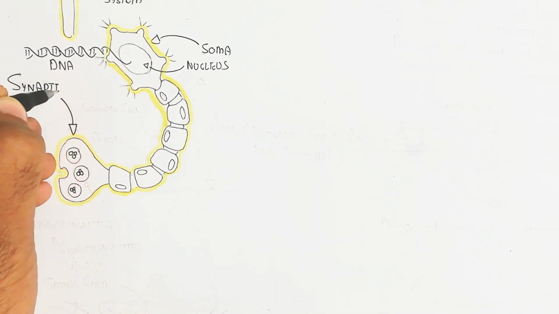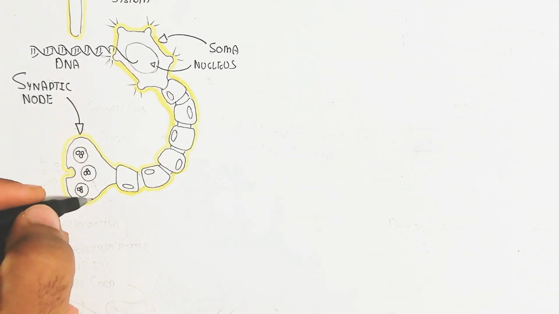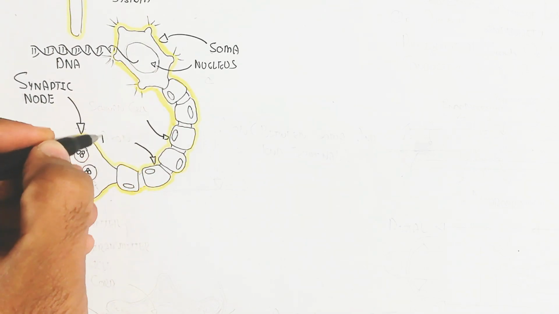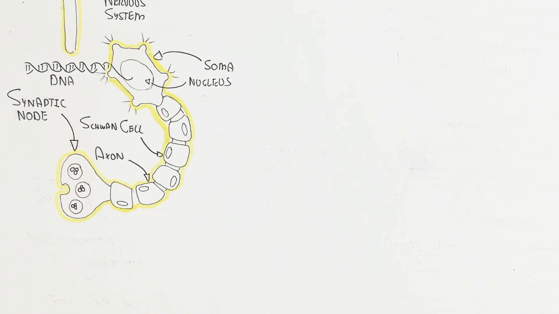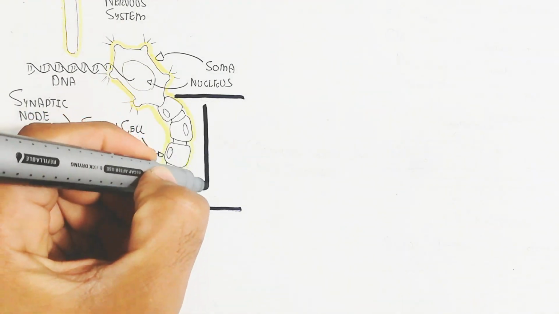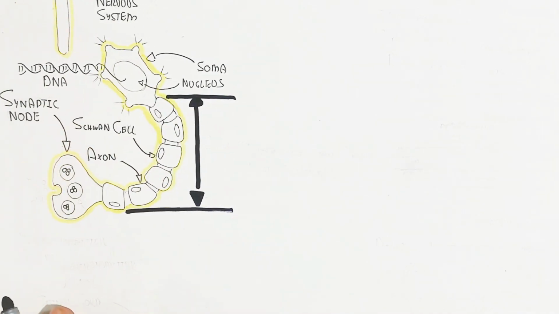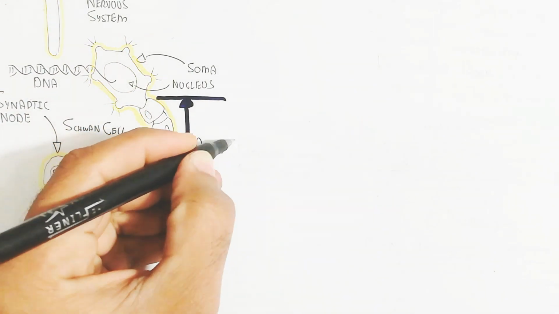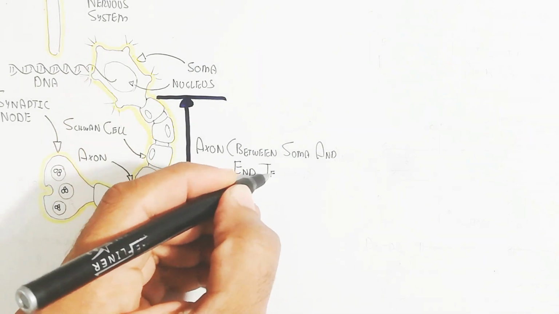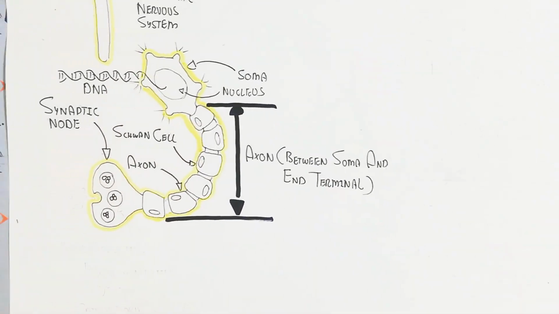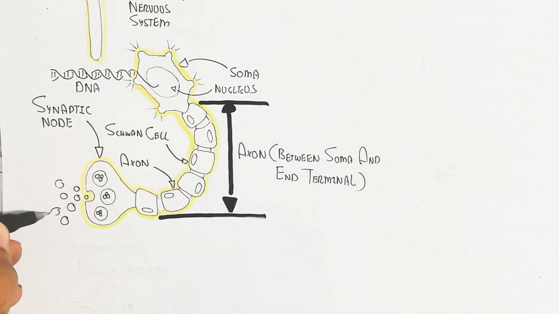This is the synaptic node, the end terminal containing neurotransmitter vesicles, which are released to stimulate another neuron through the synapse. This is the distance which is myelinated, with Schwann cells wrapping around the axon between the soma and the end terminal for impulse transmission.